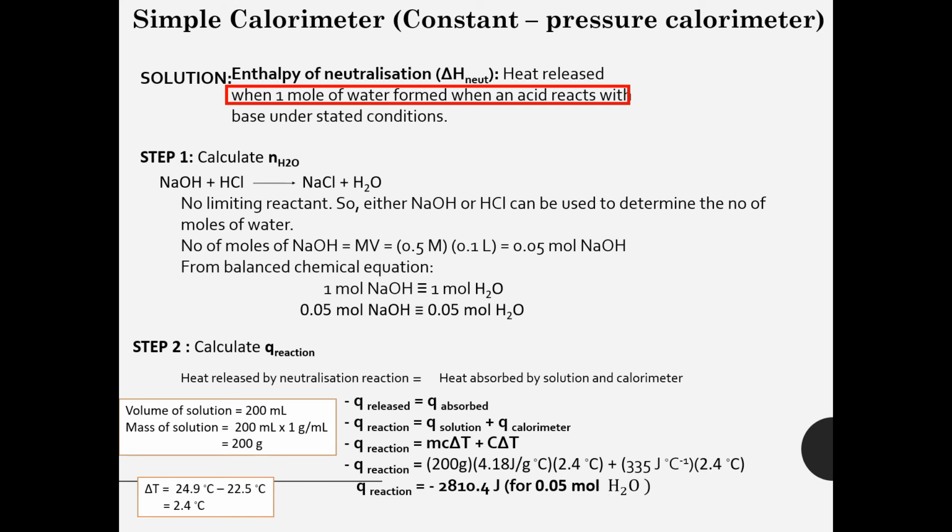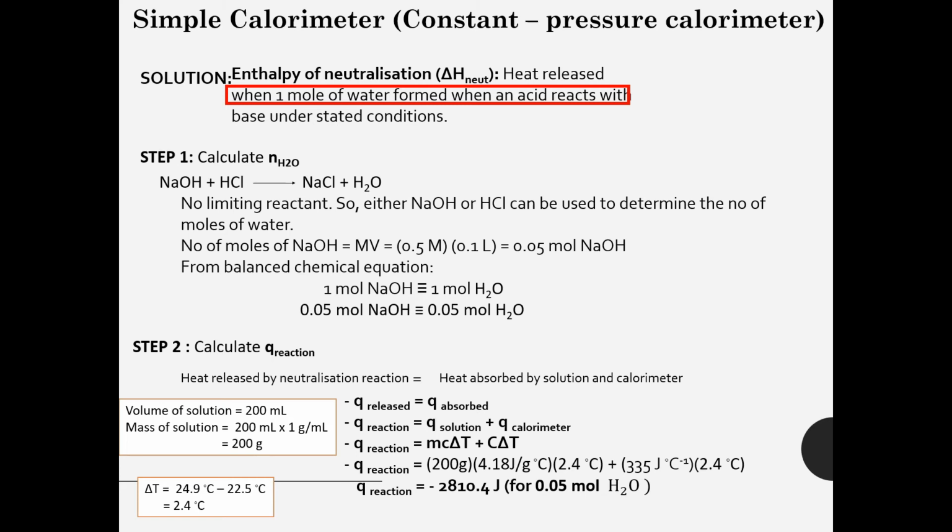And then remember how to get the mass of the solution. Previously I already mentioned the solution formed has a volume of 200 ml, and the density of the aqueous solution is assumed to be equal to the density of water, 1 gram per ml.